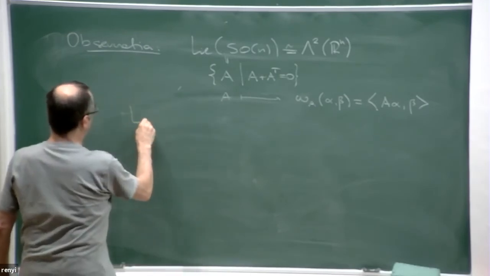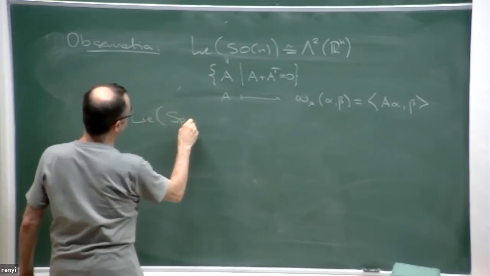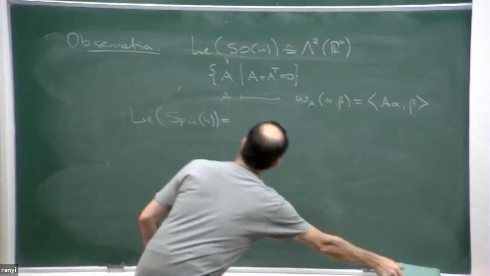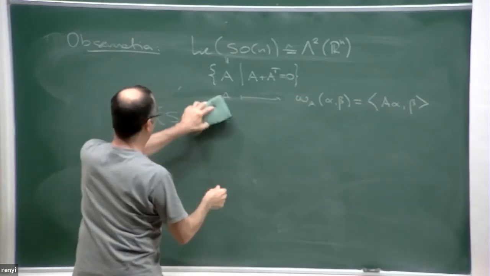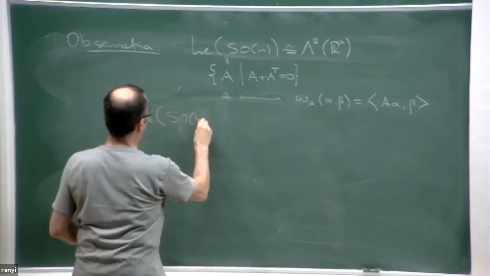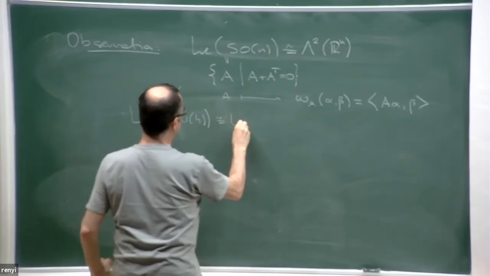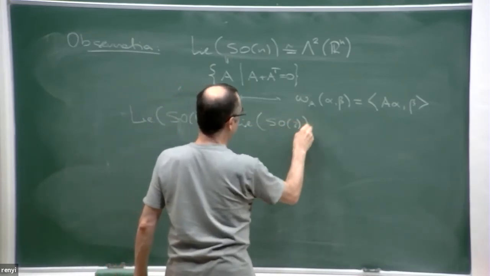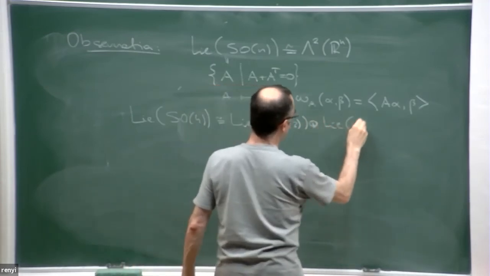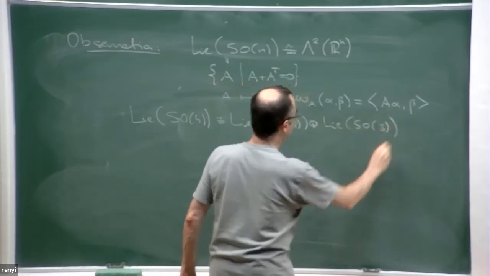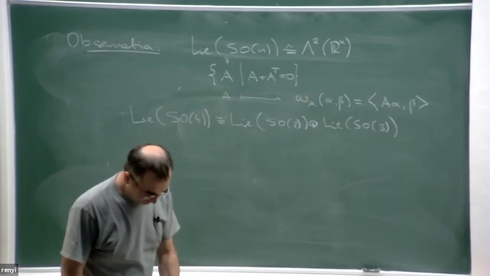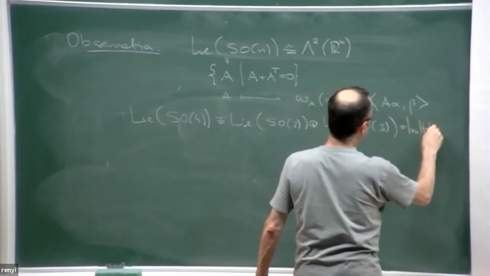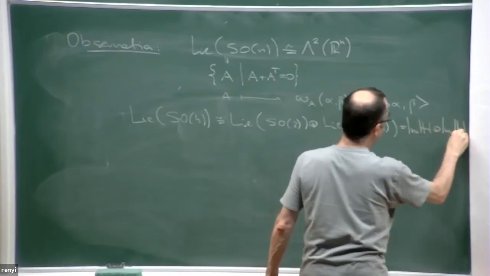So of course, Lie of SO(4), as discussed, is just Lie of SO(3) plus Lie of SO(3), which is just su(2) plus su(2).